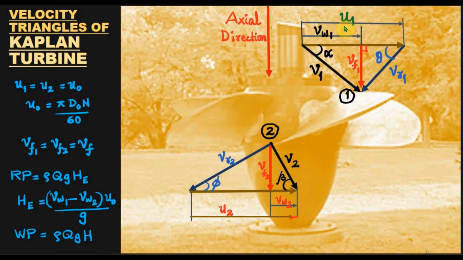Once you have the value of u1, that will be in the tangential direction. Which is the tangential direction? If you draw a tangent to the circle representing the runner at the point 1, that tangent will proceed horizontally to the right in this diagram. So the tangential directions to the runner at the points 1 and 2 both will be horizontally to the right.